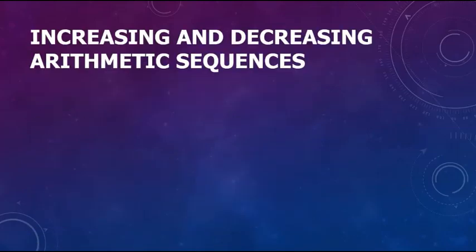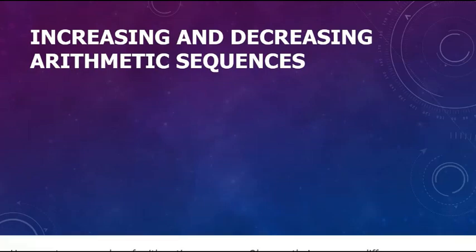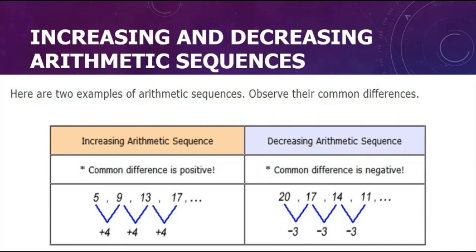Okay, so we have two types of arithmetic sequence. We have the increasing and decreasing arithmetic sequence. So here are two examples of arithmetic sequence and observe their common difference. So this is an increasing arithmetic sequence. Tingnan niyo yung common difference niya. So you have 5.